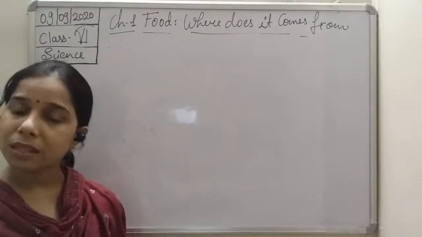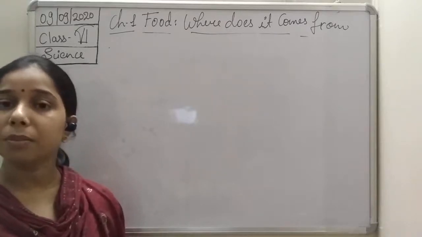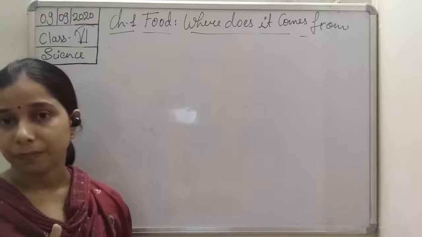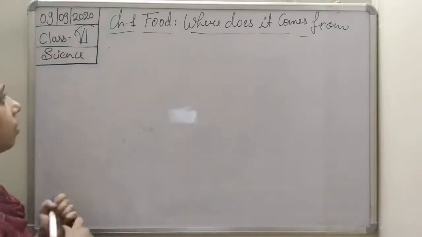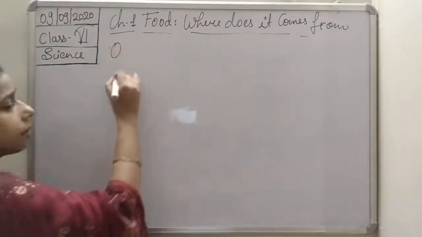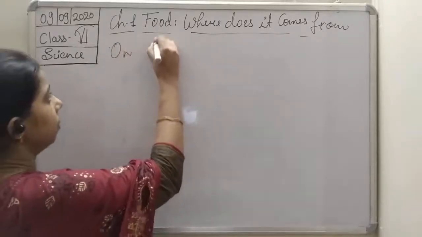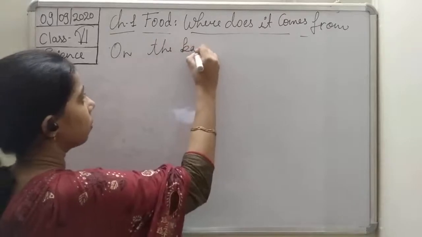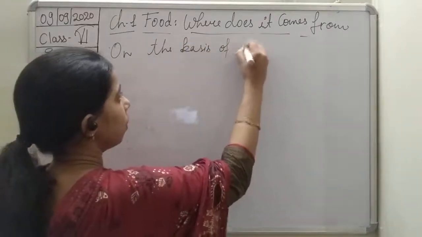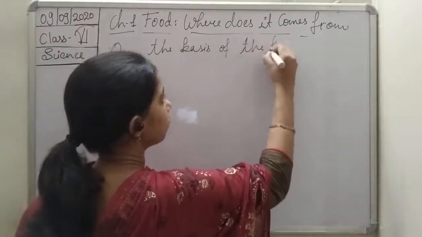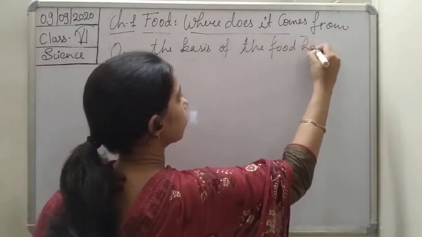So on the basis of the food habit, animals have been classified into three. That is, we can write it, on the basis of the food habit.